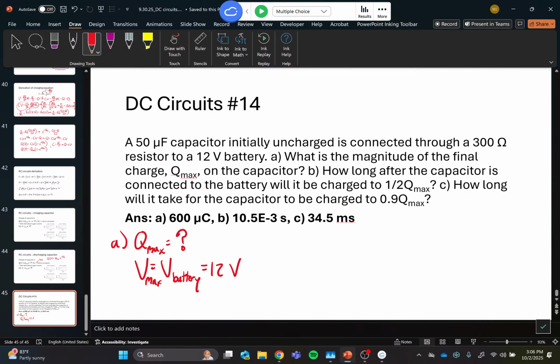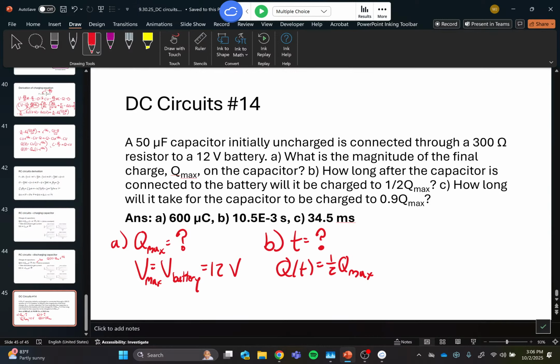Again, for part B, it's always useful to identify what you're even solving for. I'm solving for time, but a very specific time: the time when Q of t equals 1/2 Q max. That is a thing that is true. So just put that where Q of t is.